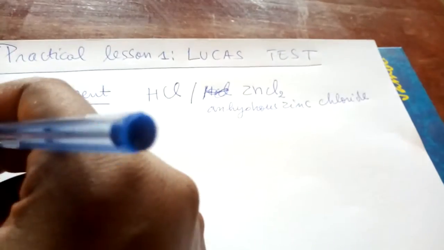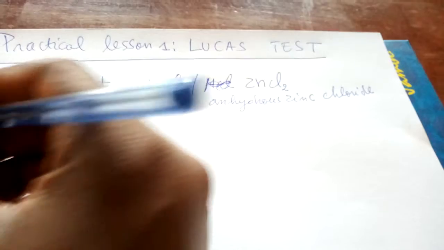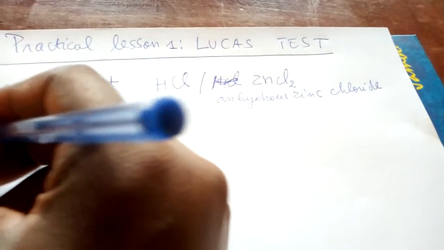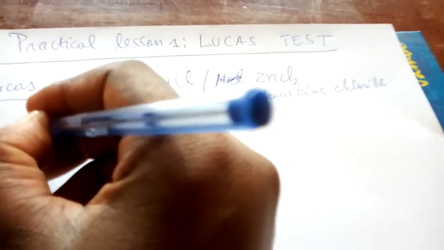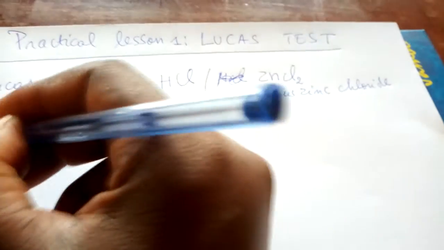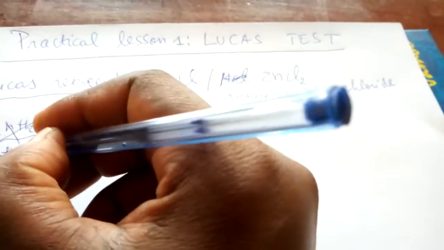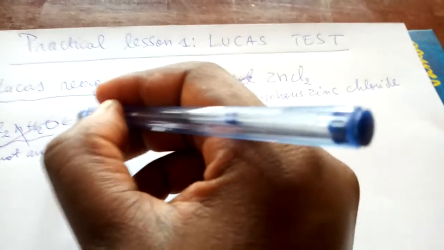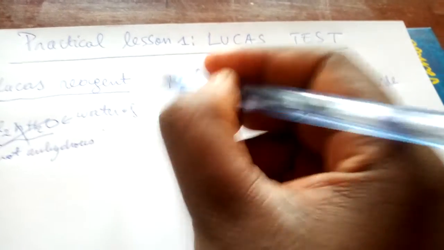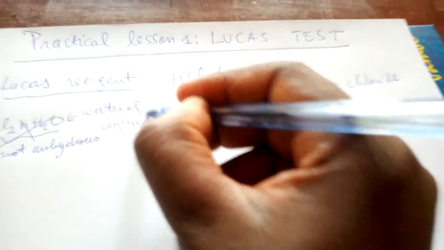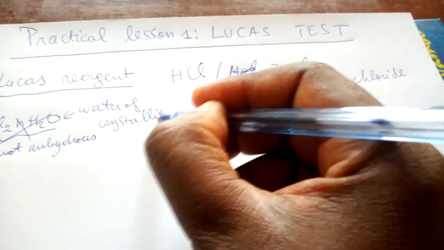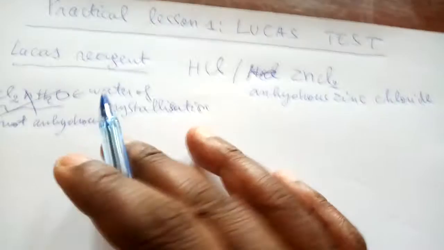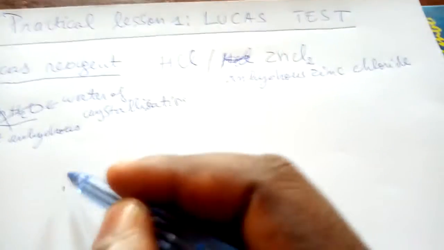Anhydrous is different from hydrates, because when we have zinc chloride in water, it is not anhydrous, because it has water of crystallization. For Lucas reagent, we use anhydrous zinc chloride.